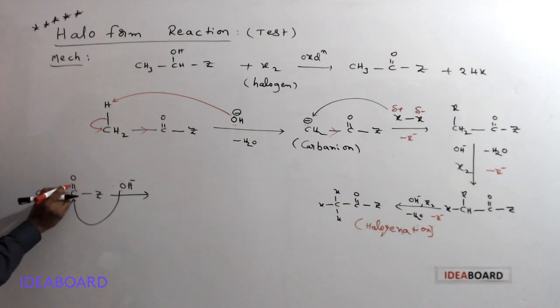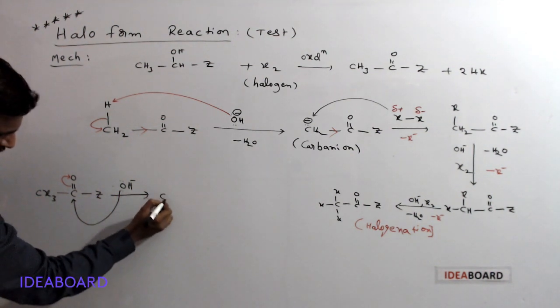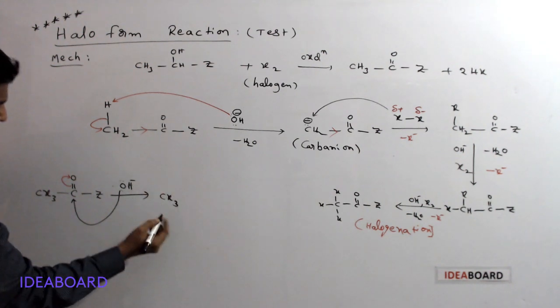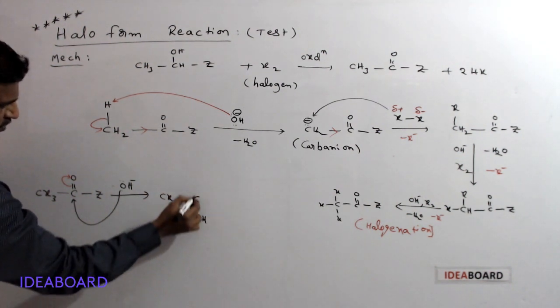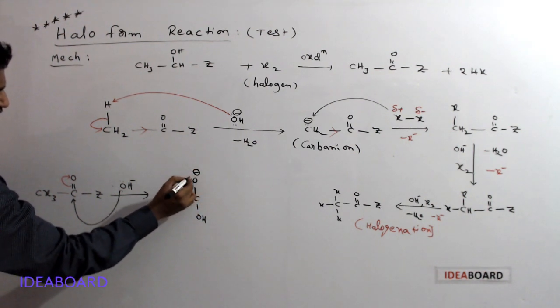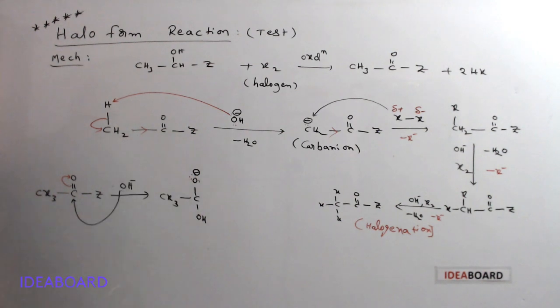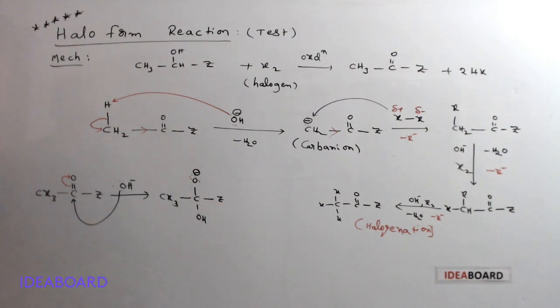Whenever it attacks on carbon, the pi bond shifts onto the oxygen atom. So what is formed here? CX3, C, OH, and here O minus is present. Now O minus has 3 lone pairs and Z is already present.